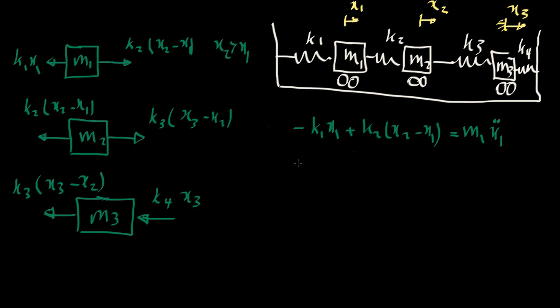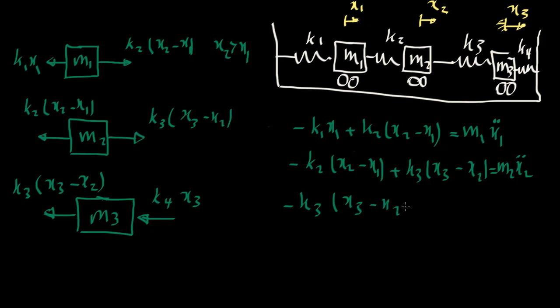For the second mass, this would be minus k2 times x2 minus x1 plus k3 times x3 minus x2 equal to m2 x2 double dot. And for the last mass, it would be minus k3 times x3 minus x2 minus k4 x3 equal to m3 x3 double dot.